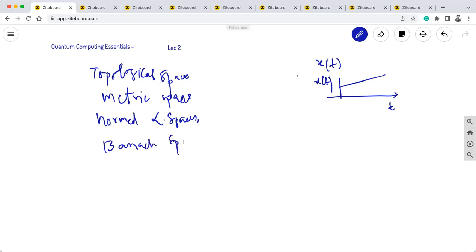So these are different kinds of topological spaces, and typically we will see that our quantum states are described in a particular space system known as the Hilbert space.